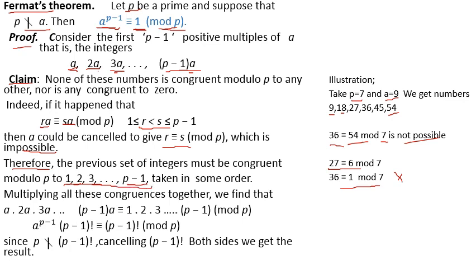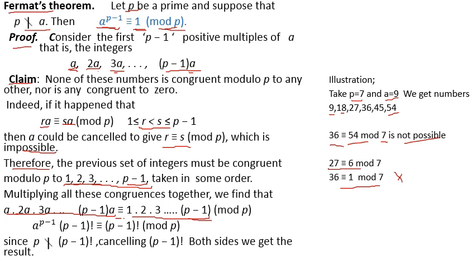So we will combine these two. One side I will multiply all the multiples of A. Another side I will multiply all the remainders. And we have the congruence relation: product of the multiples is congruent to product of the remainders.